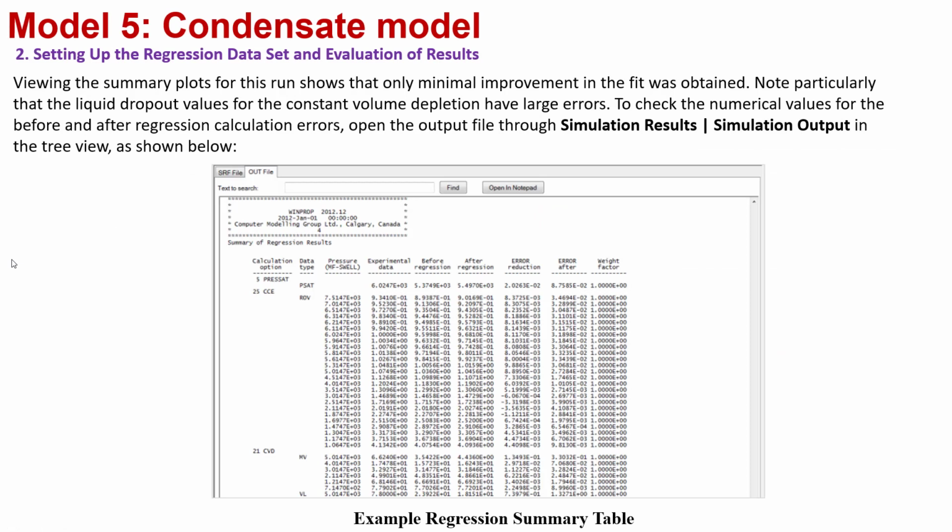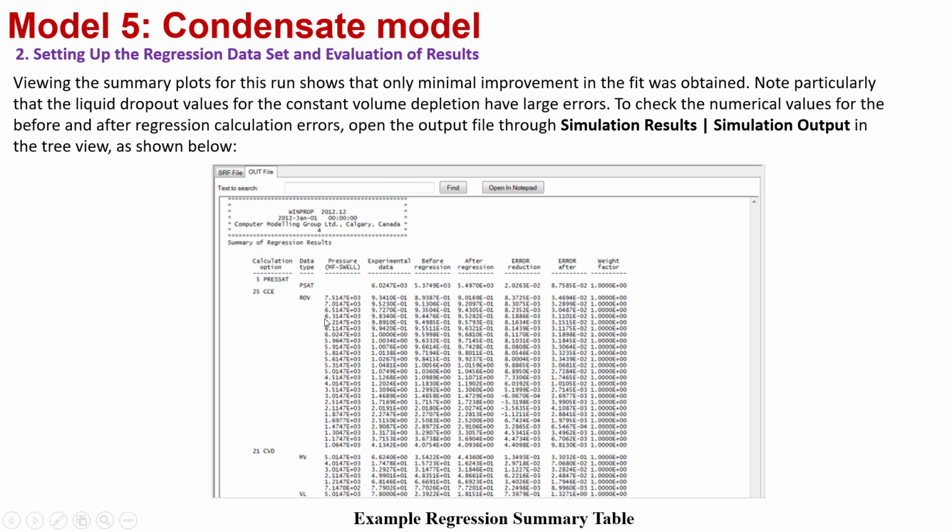And the next step you can have a look at the summary plots for the run, so only minimal improvement in the fit was obtained, and particularly the liquid dropout value for the constant volume depletion had a large error. You can have a look in this description.